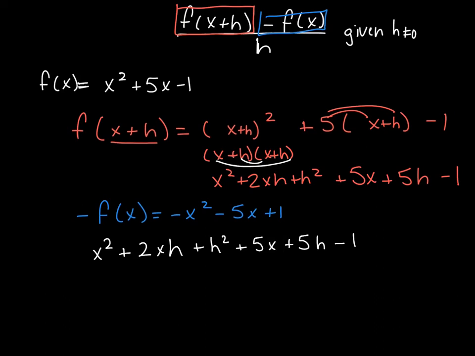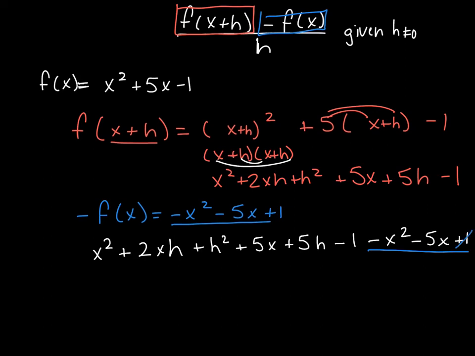Now, after that, I put everything that I have in blue, which is my minus x squared minus 5x plus 1. And as I said before, all of those terms in that subtraction function will end up canceling out.